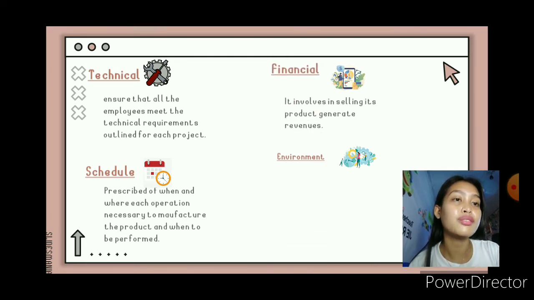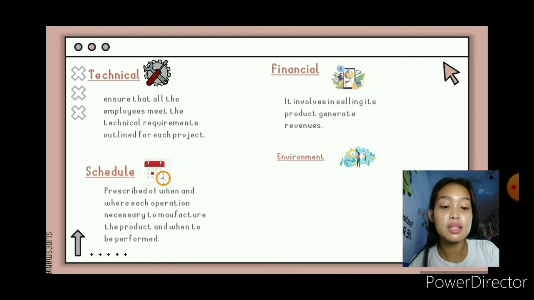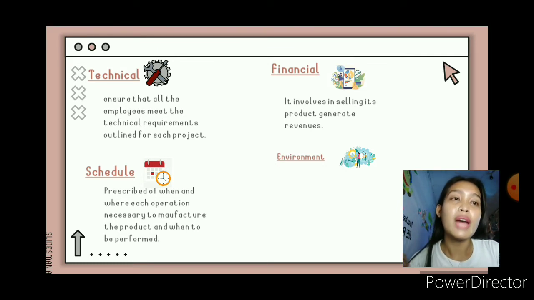And also the financial, it involves selling its product and generating revenues. The operating income shown on a company's financial statements is the operating profit that remains after deducting operating expenses from operating revenue. So this financial aspect is more on how you sell your product, on generating revenues from your product.